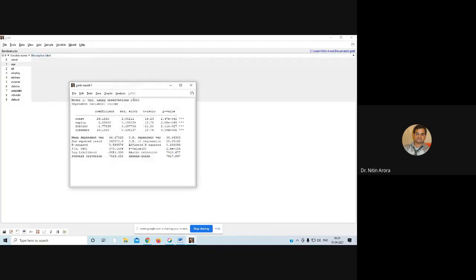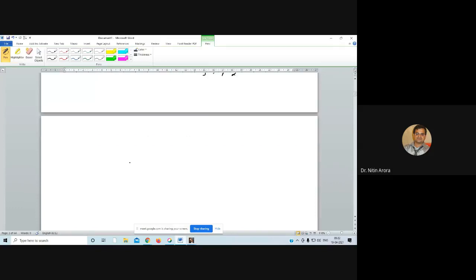We won't be using this method right now. The residual plot: you can have a residual plot against any independent variable. For example, many times to check heteroskedasticity, I hope you remember what we do.